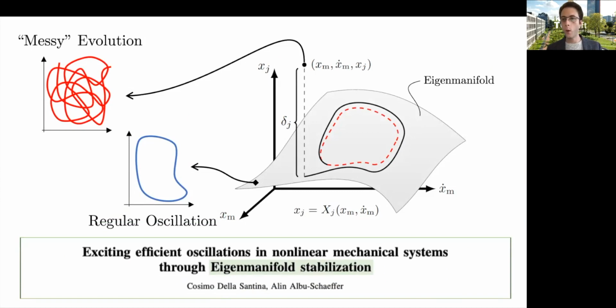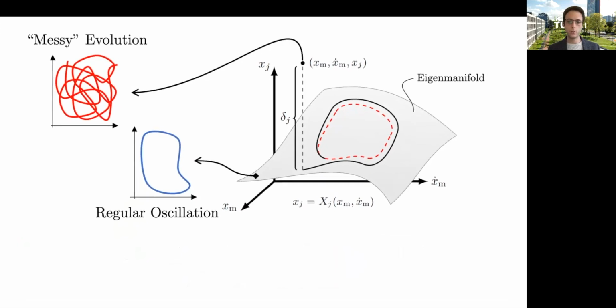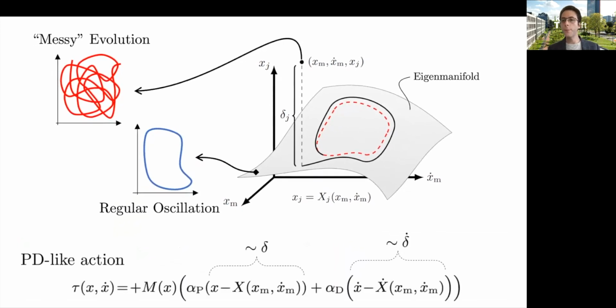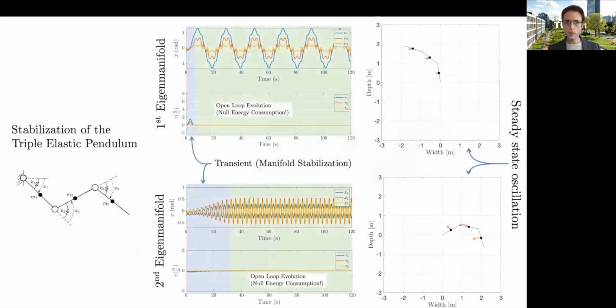On the eigenmanifold, we have a regular oscillation. Let's just make the eigenmanifold an attractor for our robot or for our mechanical system by means of feedback control. And already a PD-like action in most cases is sufficient to achieve this goal, and the result is pretty nice.